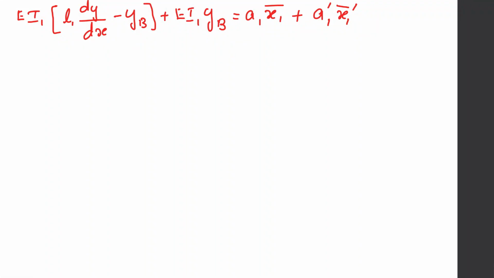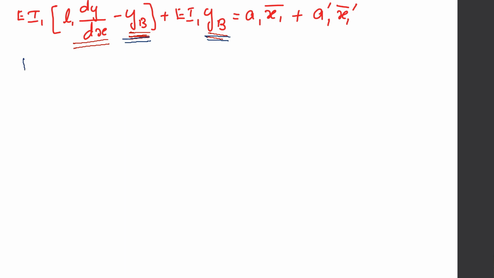Now this dy by dx is actually the slope and yb is the deflection at b. So the first yb is the deflection at b from A, and the second yb is the deflection at b with respect to b.